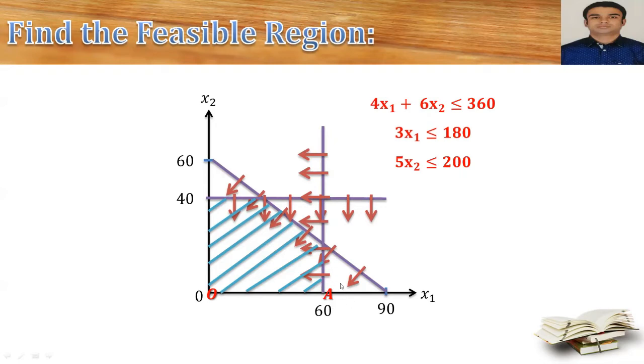Mark that point A. The next corner point is this one. Mark the point B. The next corner point is this. Mark that point C. Next, this one. Mark it with the name D. So in this complete common area we have 5 corner points: O, A, B, C, and D.